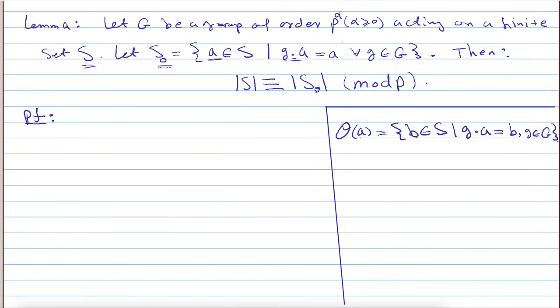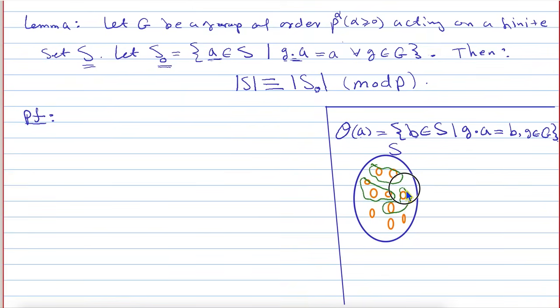And second, when the action is applied, it partitions the set S into disjoint orbits. So if we have our set S here, and here are the elements in S, applying the action creates disjoint orbits. But it might be the case that for some elements there is only a single element in the orbit.